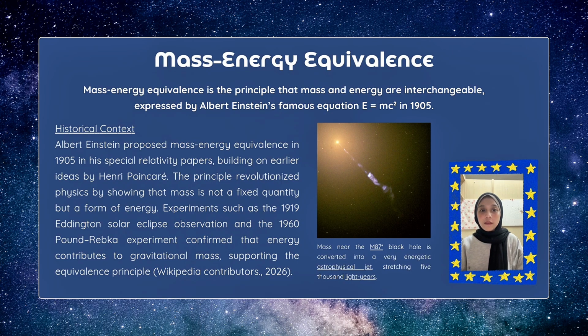This implies that even a small amount of mass corresponds to an enormous amount of energy due to the large value of c squared. The equation applies to objects at rest and can be extended to moving objects using relativistic mass and energy.